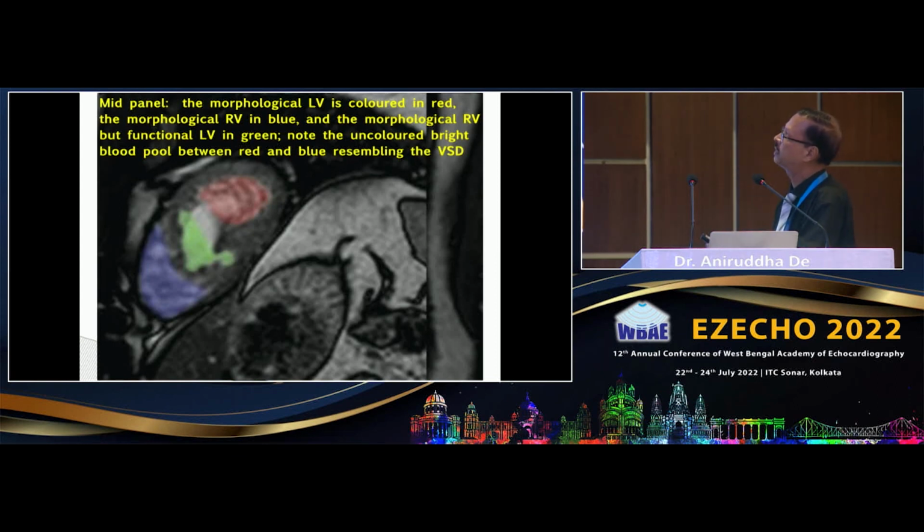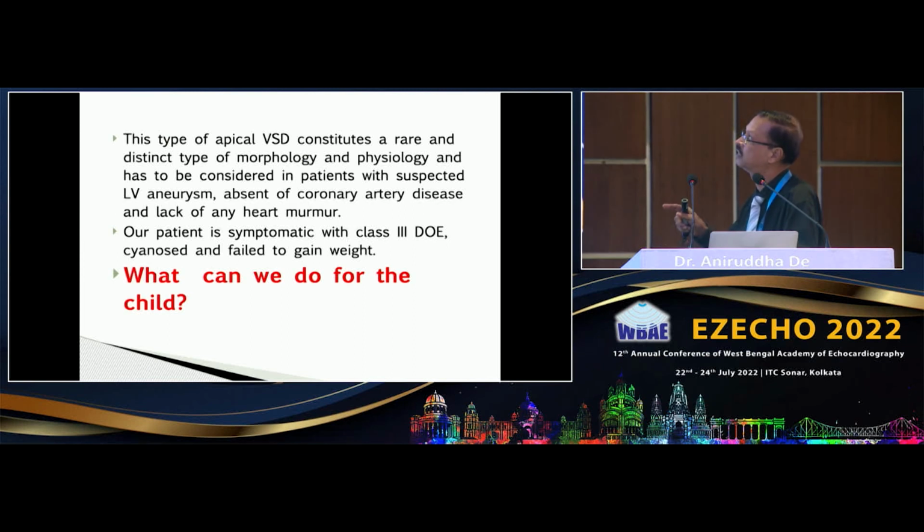In the mid panel, the morphological LV is colored in red, the morphological RV in blue, and the morphological RV but functional LV in green, and the uncolored bright blood pool between the red and blue resembles the old VSD that was closed. So that's a distinct, different entity.